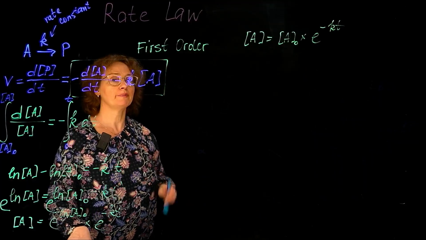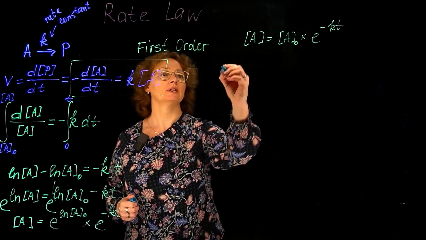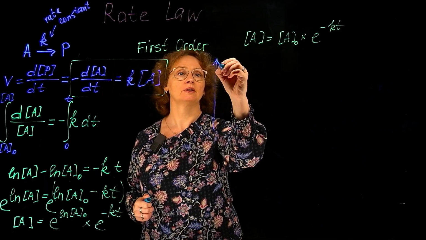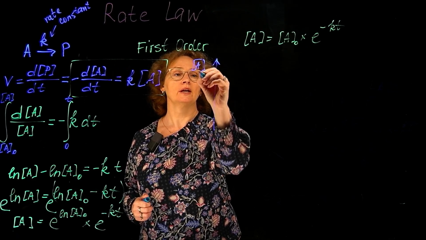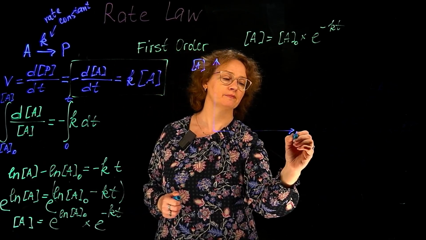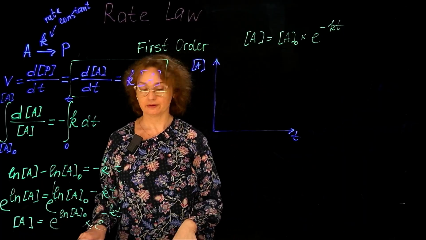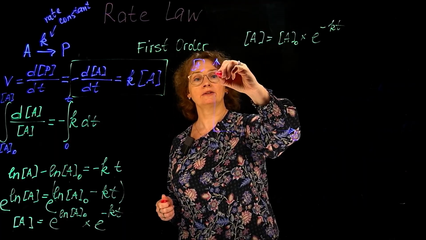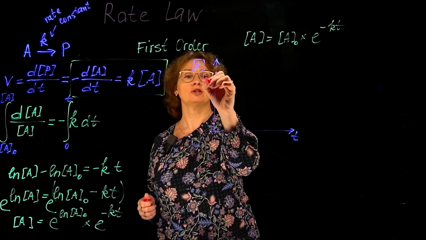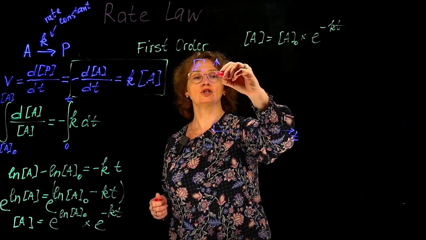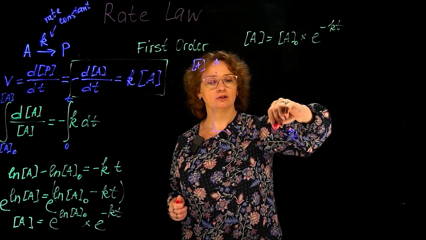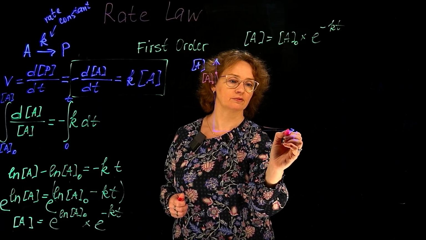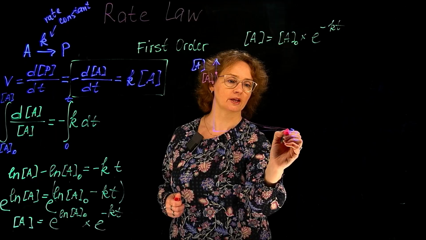Now, if we plot the concentration as a function of time, we have an exponential decrease, as expected, from some initial point, which is just the initial concentration, and it drops like that.